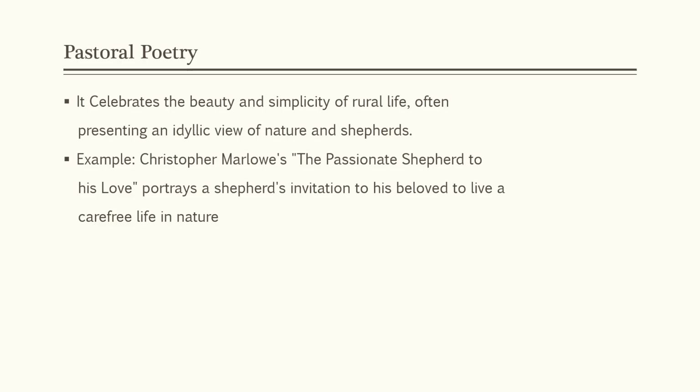And he romanticizes the rural life, that is, village life, as a peaceful and perfect one. This poem presents an idealized fantasy of country life, and there is no hardship, no difficulties, no obstacles, only beauty and love. It shows how pastoral poetry often ignores reality and creates a dreamlike rural world.